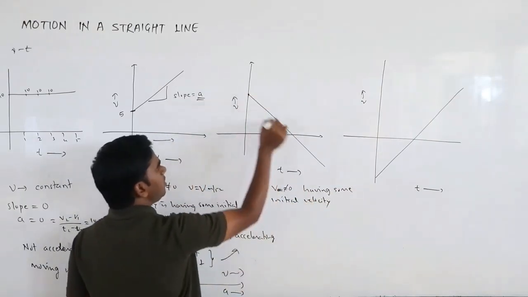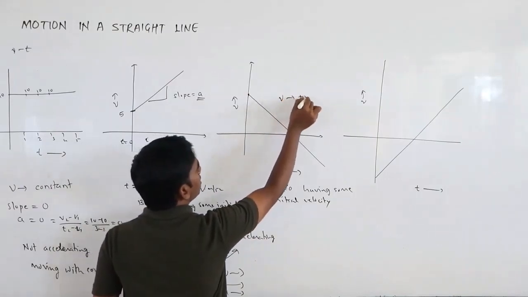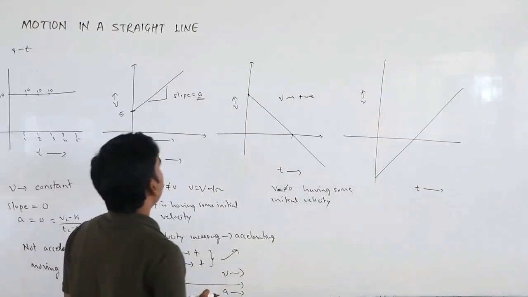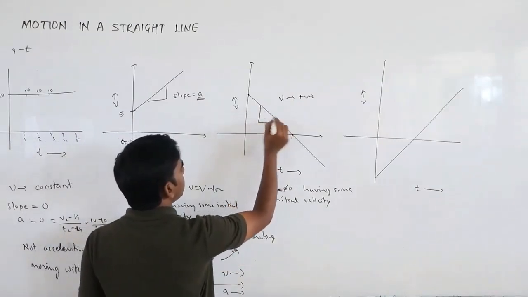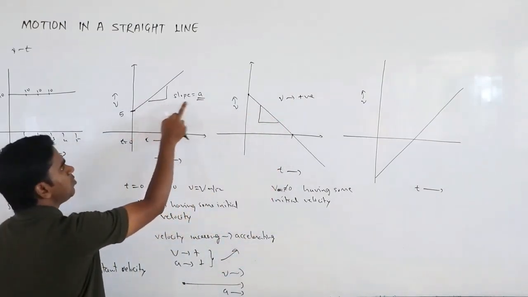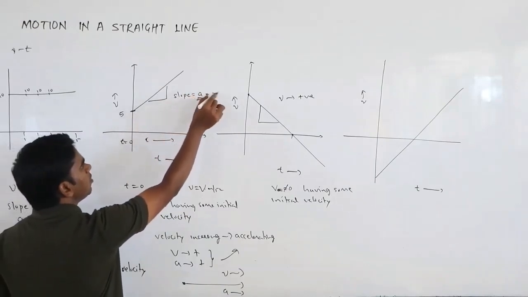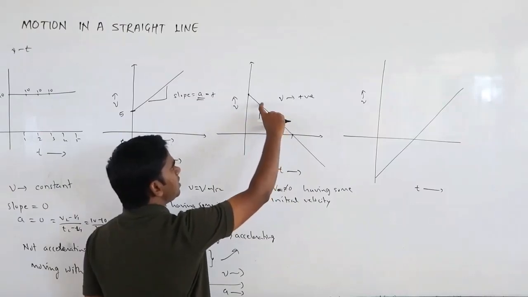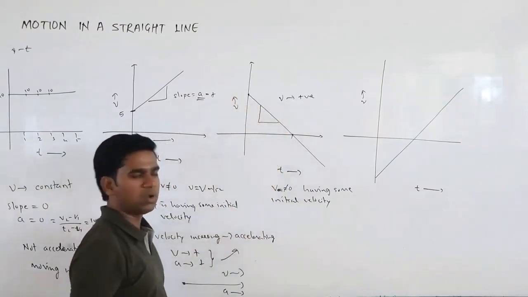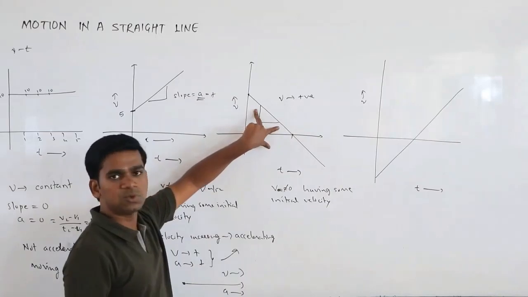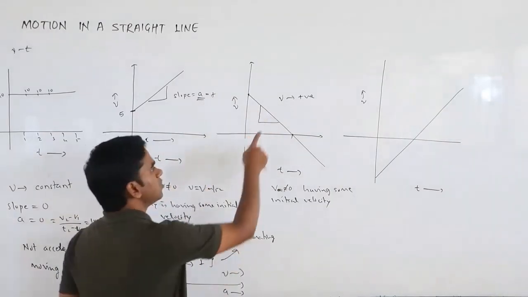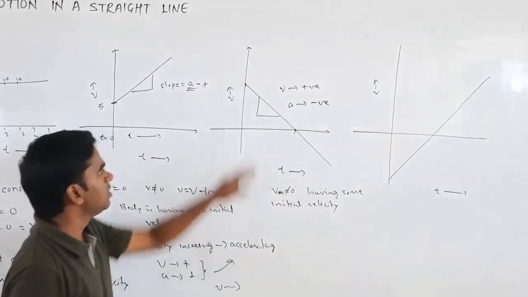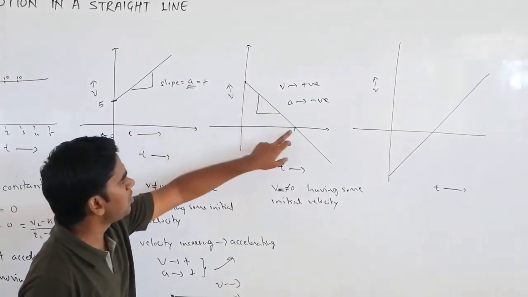From here to here, velocity is positive. What about the slope? On this side the slope was positive. Now here, v2 is less than v1, so v2 minus v1 will become negative. So the slope, or acceleration, is negative from this point to this point.